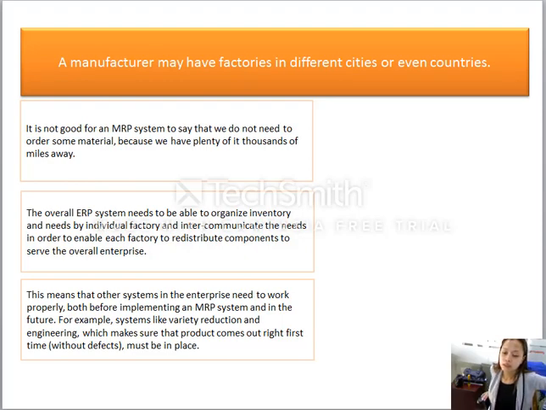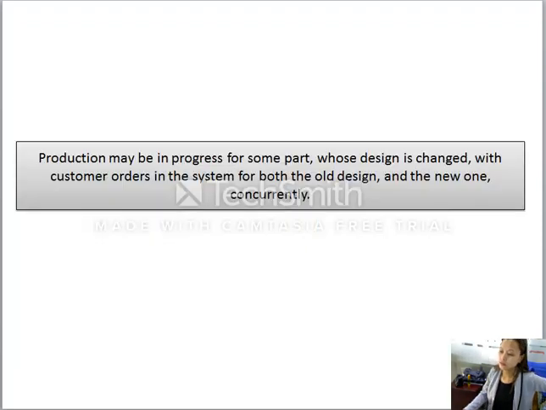This means that other systems in the enterprise need to work properly, both before implementing an MRP system and in the future. For example, systems like variety reduction and engineering, which make sure that product comes out right the first time without defects, must be in place.